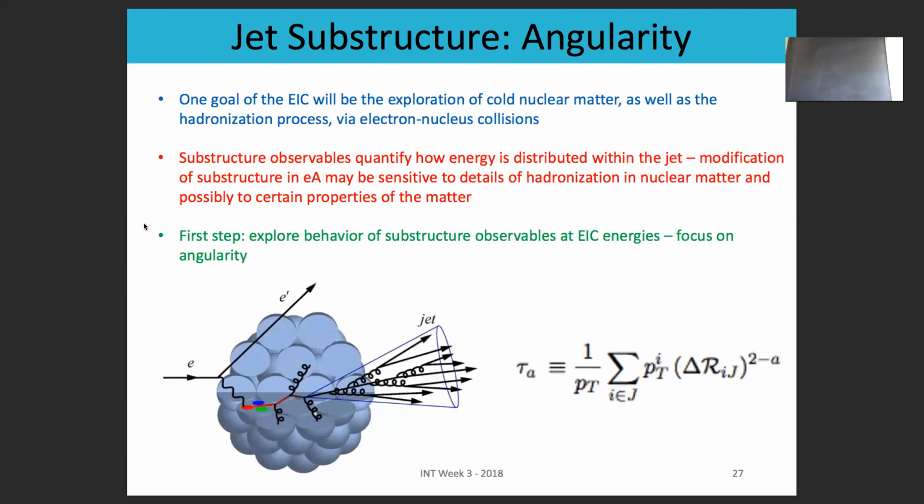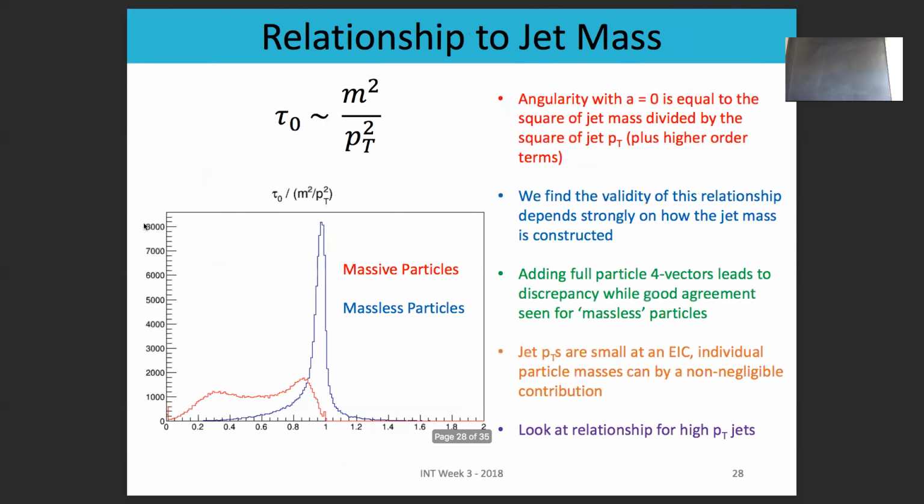This is the substructure variable we're looking at. This angularity is defined as 1 over the jet PT, and then you sum over the particles within the jet, and you weight them by their distance from the jet thrust axis to some power. If you take a to 0, your angularity should equal this quantity here, the jet mass squared divided by the PT squared.